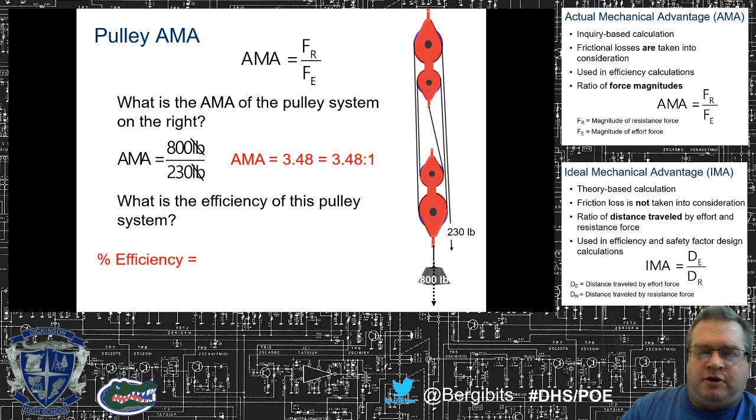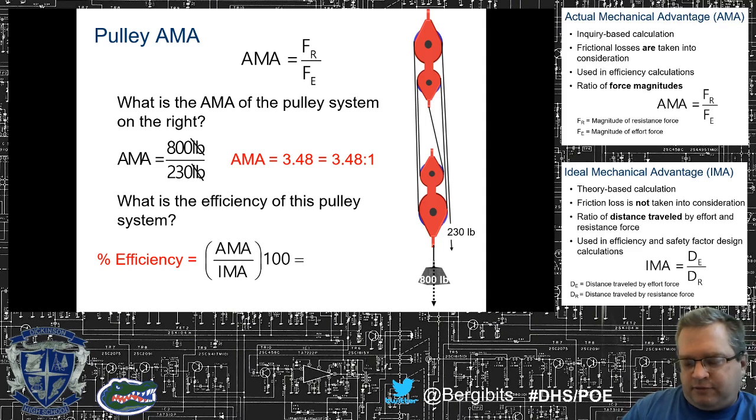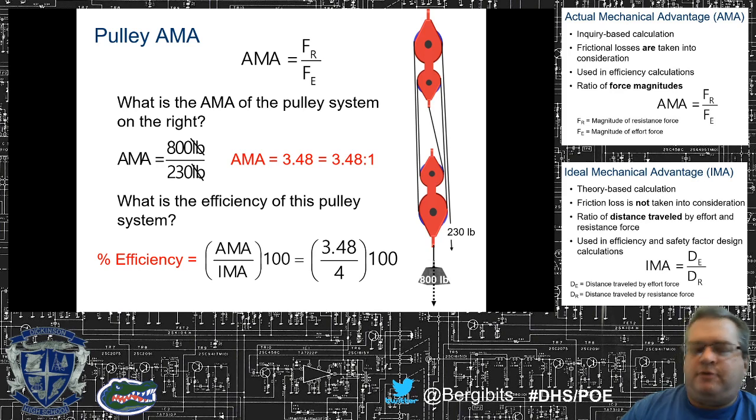What is the efficiency of the pulley? AMA is 3.48. I forgot what number we got for the IMA. Oh, it's 4. I temporarily lost track of what I was saying. The 4 is not from a previous screen, it's from this screen, which is 4 strands: 1, 2, 3, 4.